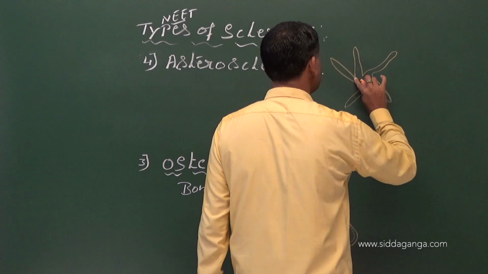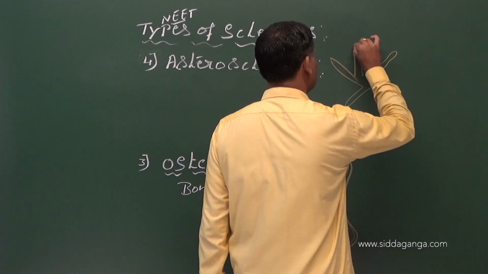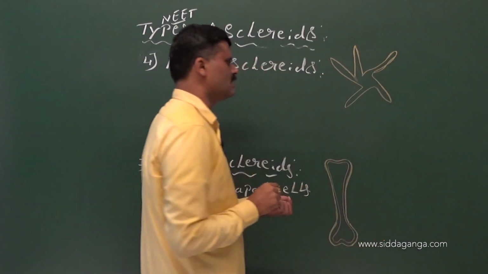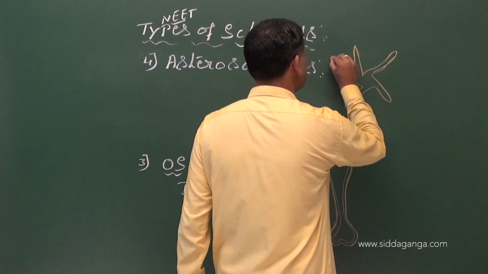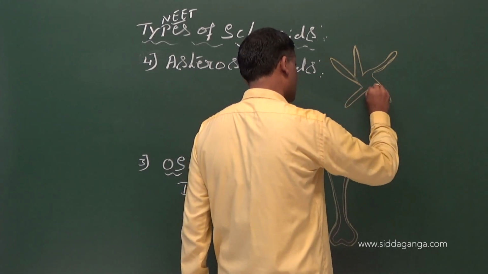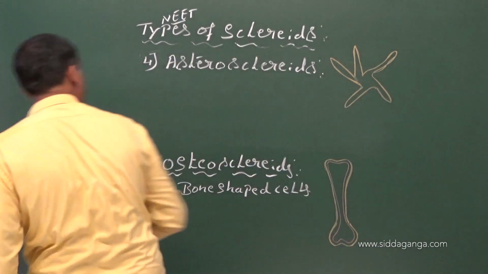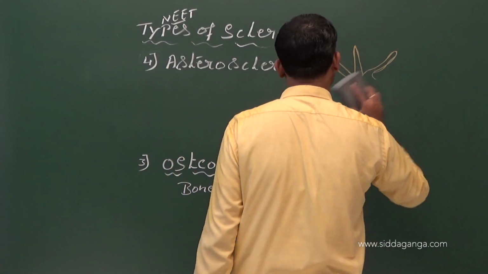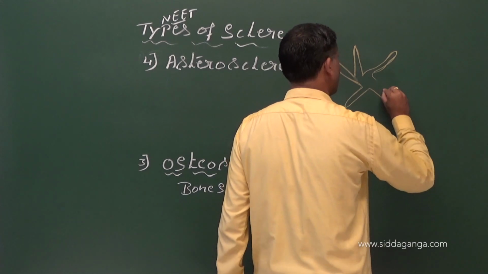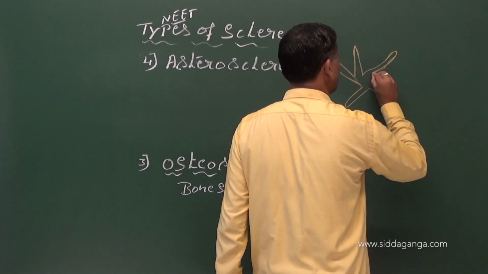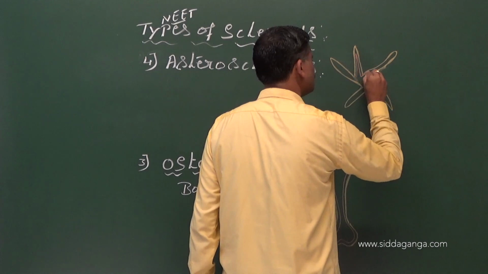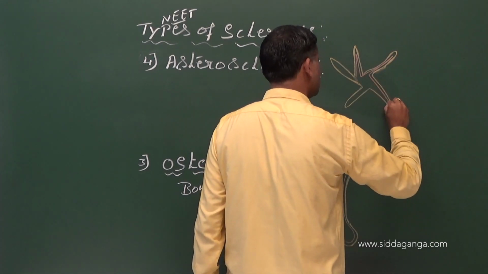So the cells are somewhat star shaped cells. Here the cells appear star shaped, though not exactly like a star, they look like that shape. And the lignin deposition occurs uniformly throughout the cell.